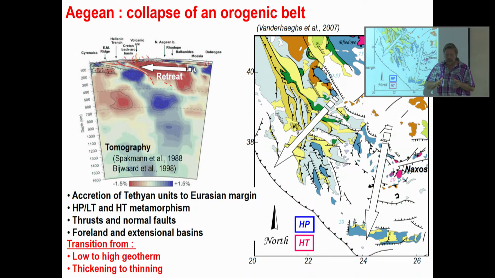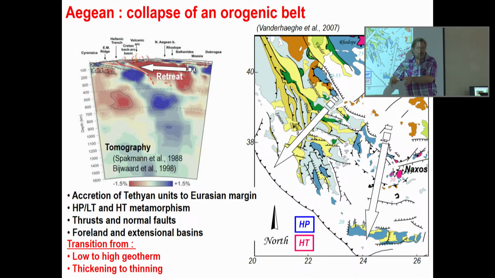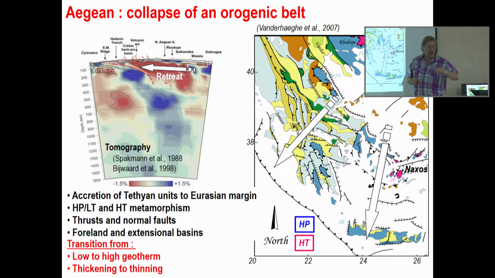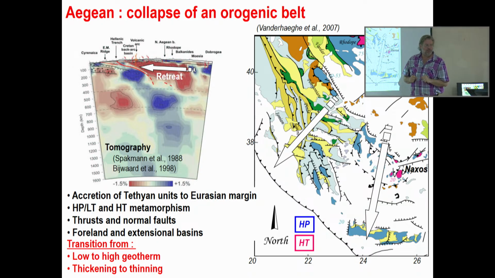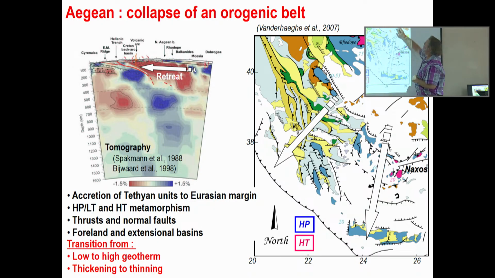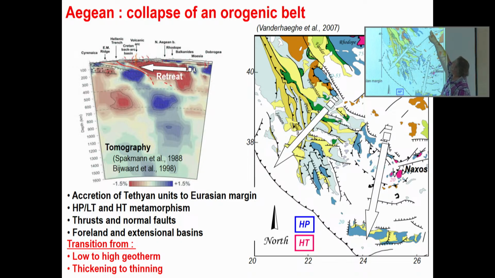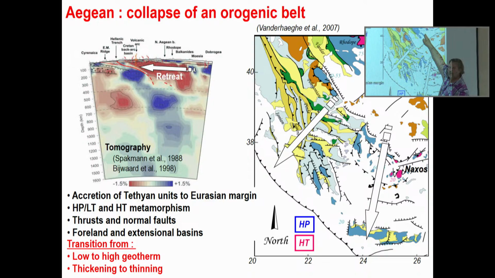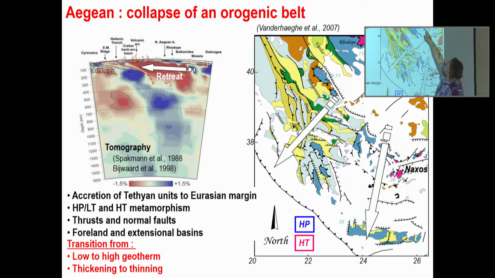So you have a transition from high pressure to high temperature, and the high temperature postdates high pressure metamorphism. If we look at the northern part of the Aegean domain, in the Rhodope Massif, the high pressure is 70 million years. High temperature is 40 to 30, and is structurally below, separated by a normal fault from the high pressure.